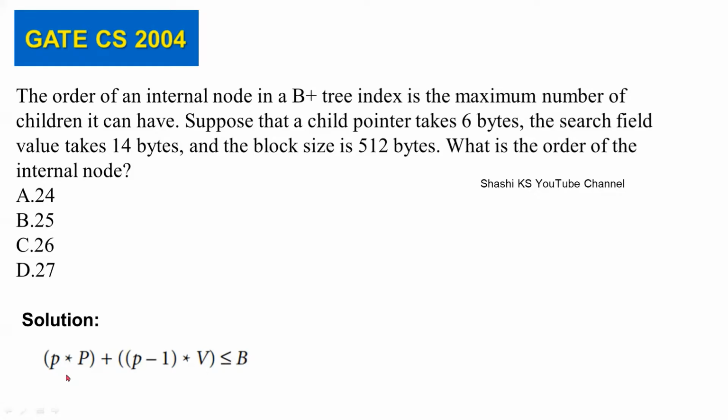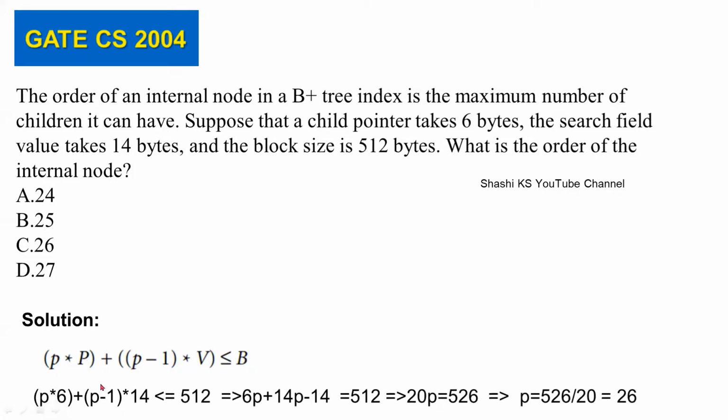Order of the leaf nodes are different in a B plus tree. Okay. So P is the order of the B plus tree, and capital P is your block pointer size, and V is the search key field size, and B is the block size. So substituting the values given in the question in this formula.